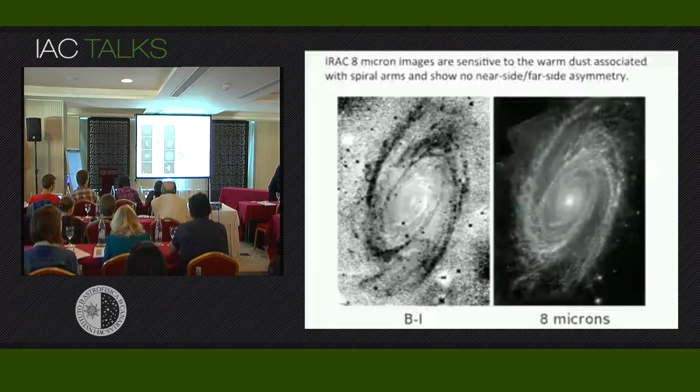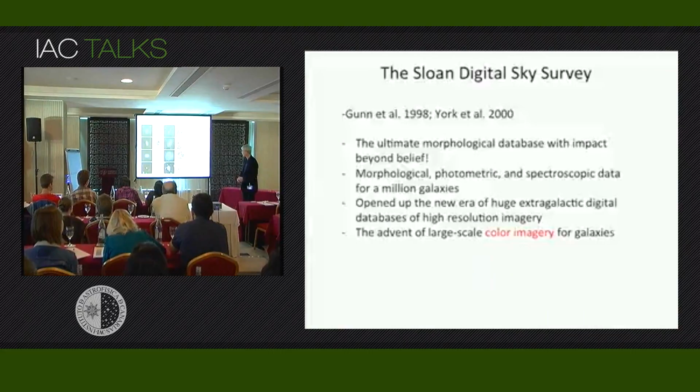And you don't see it so much on the other side, so that must be the near side of the galaxy. And you can see those dust lanes even in the 8-micron image, but you don't see the near side, far side effect because you're not seeing stars in the 8-micron image, whereas in the B-I map, you're looking through the starlight of the bulge. So with the 8 microns, you get a kind of a complete view of the dusty interstellar medium for those temperatures for galaxies.